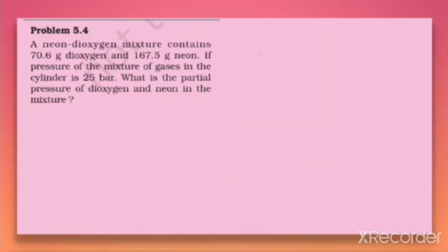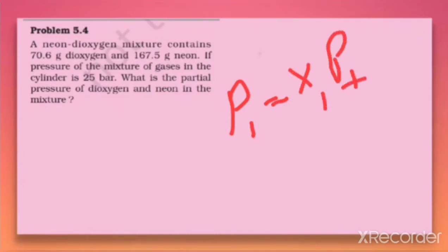So how do we find this? We know there is a relation between the partial pressure and the mole fraction, that is P1 is equal to x1 times P total. This we have learned. P total is given to us. The mole fraction we can find because the mass is given, so we can find P1 very easily.